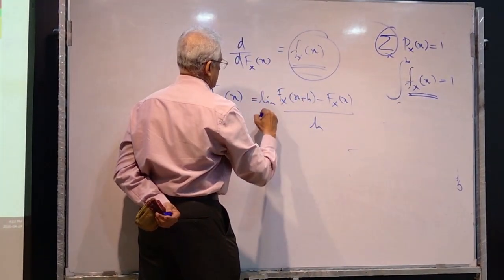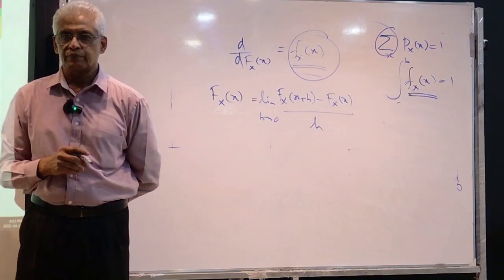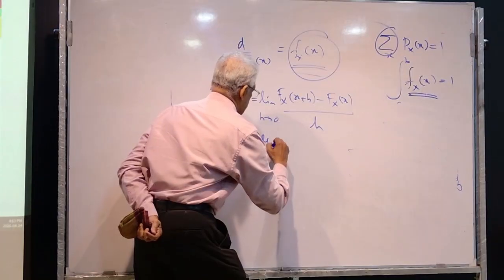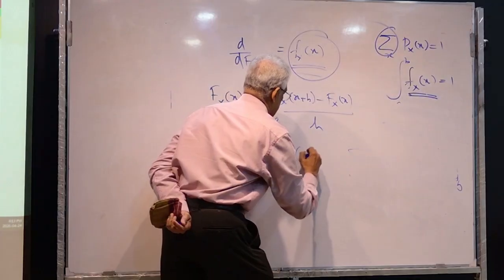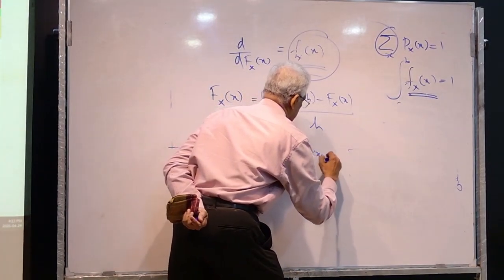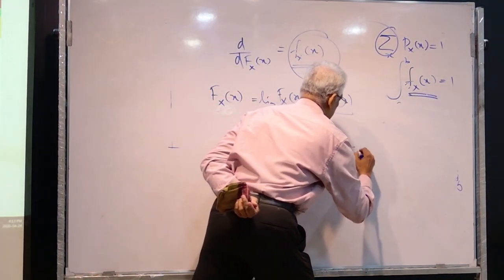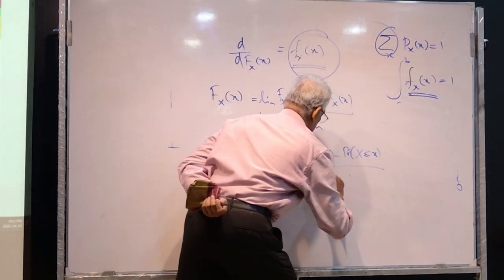That's how we define a derivative, right? So if you look at this, what is this? This is the probability that X is less than or equal to x+h, and this is the probability that X is less than or equal to x, divided by h.